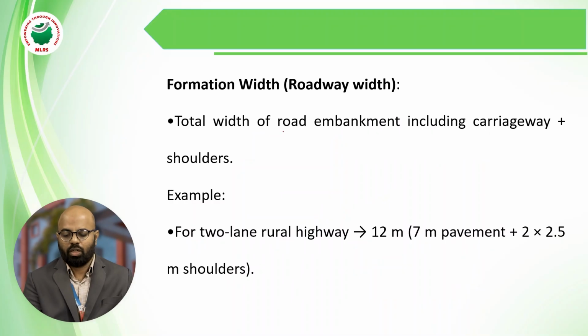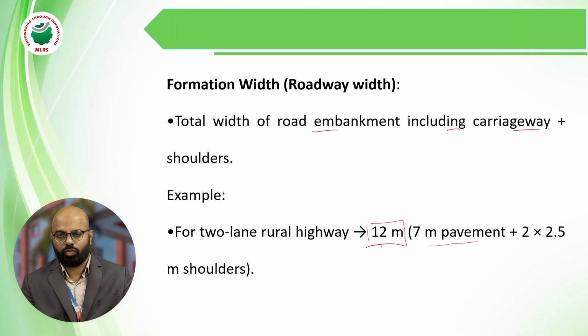Formation width, as we discussed, is the total width of the road embankment including the carriageway plus two shoulders on the right and left. For a two lane rural highway, 7 meters is the pavement width, that is the carriageway width, and 2.5 meters for each shoulder, then the total width, that means the formation width, is 12 meters, okay.